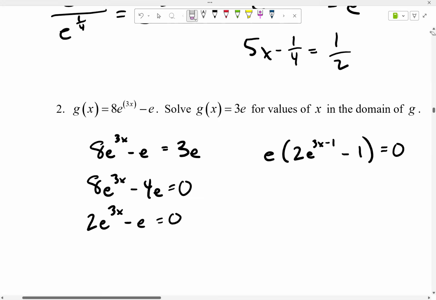So now I have two equations, e equals 0 and 2e to the 3x minus 1 equals 0. How can e equal 0 if e is like a set number? It can't. It makes no sense. Yeah, it's not a variable.